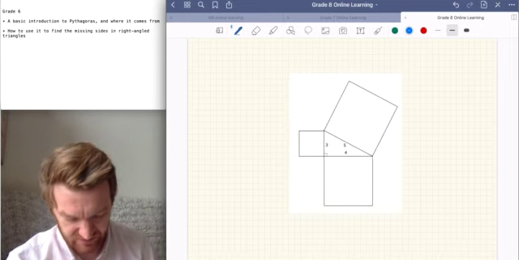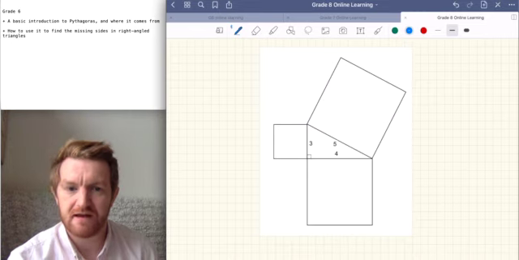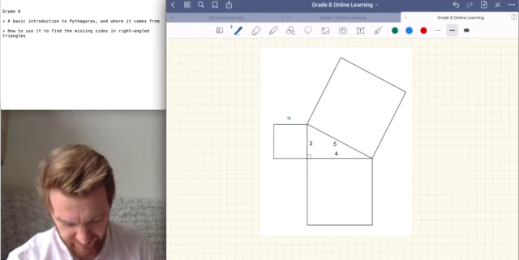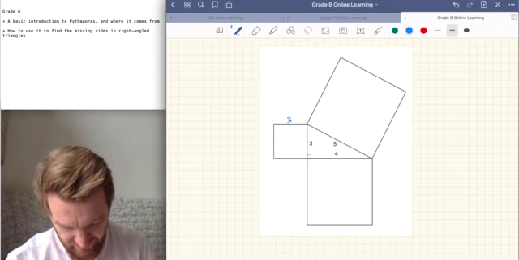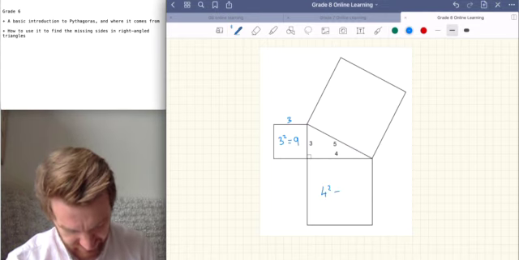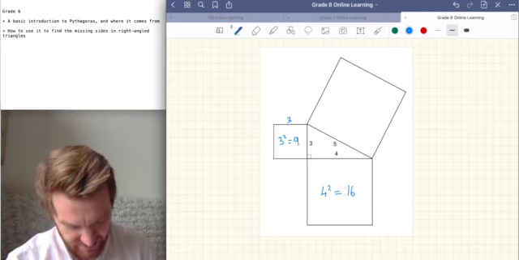So let's imagine we had a triangle that looked like this with 3, 4, and 5. If we were to work out the area of this square, which would be 3 by 3, the area would be 9 because it's 3 squared. The area here would be 4 squared, which is 16. And the area here would be 5 squared, which equals 25.